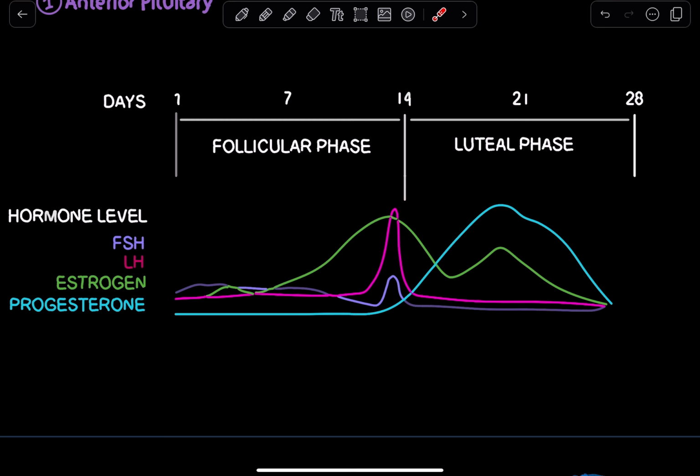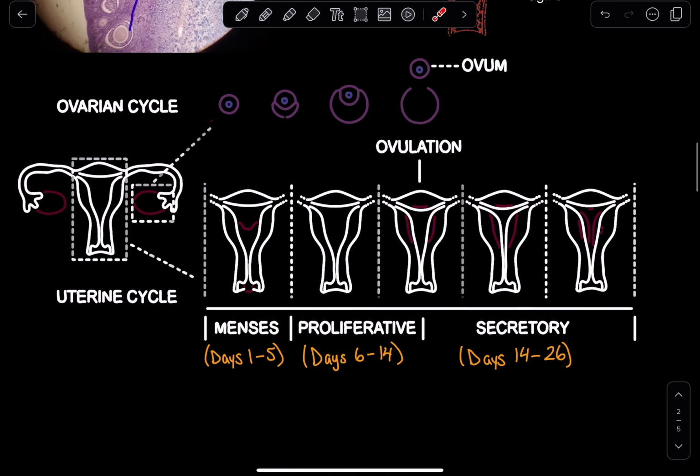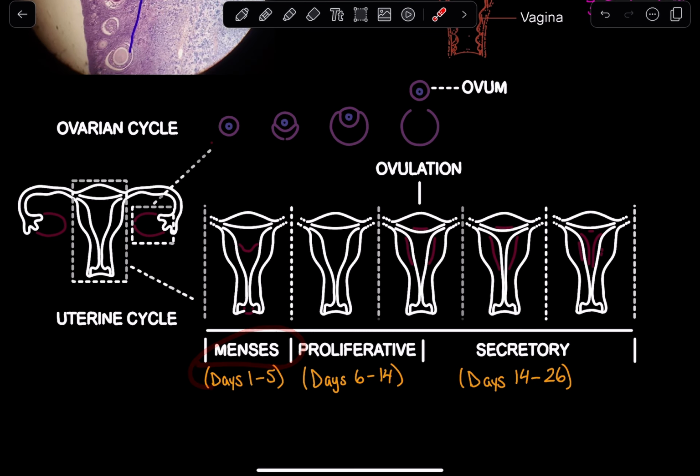In the luteal phase, we have the corpus luteum releasing estrogen and progesterone, which is inhibiting FSH and LH. If implantation occurs, we see the release of human chorionic gonadotropin hormone, which will maintain the corpus luteum. But if implantation does not occur, the corpus luteum will eventually lead to its own demise, and we will enter menses, also known as the female period.